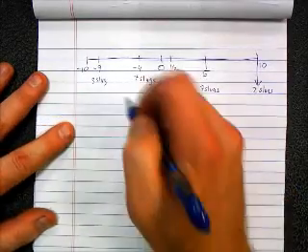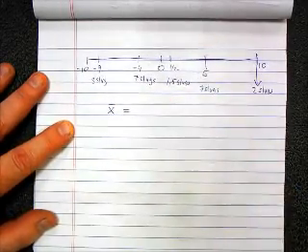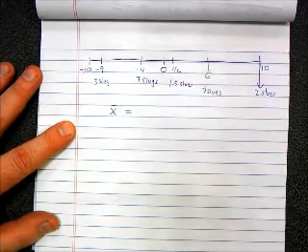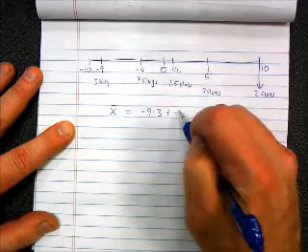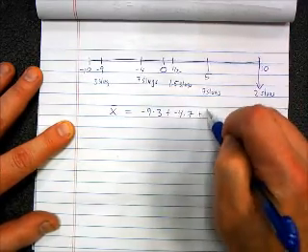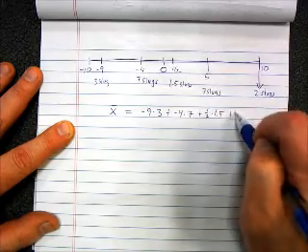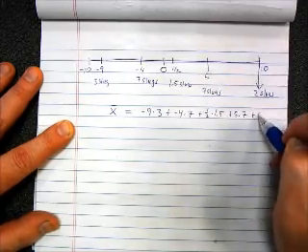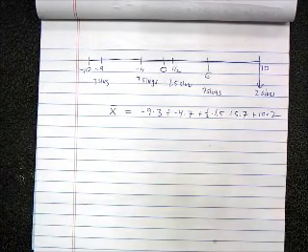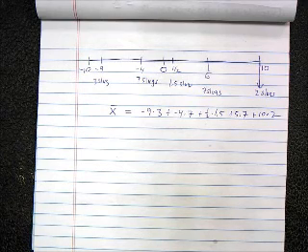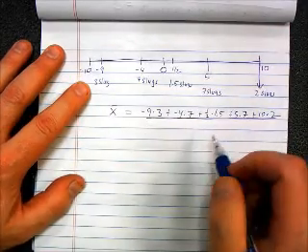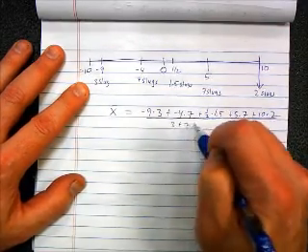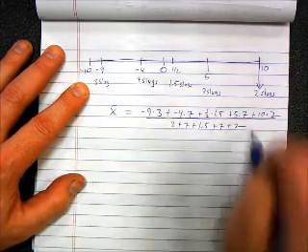All right, so to find x bar, how do we find x bar? Multiply the number of slugs by the position. Negative 9 times 3, plus negative 4 times 7, plus 1/2 times 1.5, plus 5 times 7, plus 10 times 2. So you take each mass, multiply it by each position, add them all together, and then divide by the sum of all the masses: 3 plus 7 plus 1.5 plus 7 plus 2.